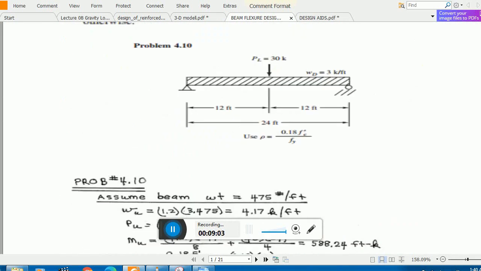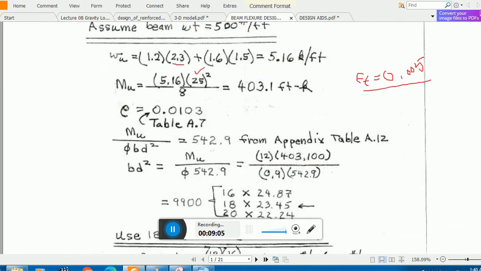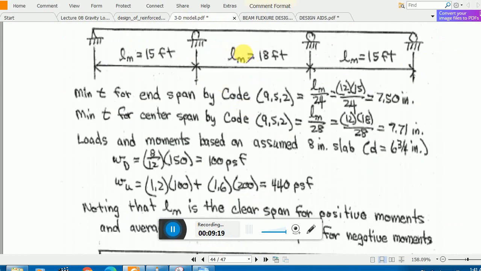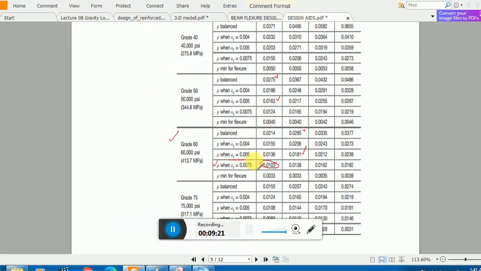Again, yes, this one value is selected. They find out this value against this, which is basically the R value. I discussed it in this example, when I was covering this example. So basically this is actually the R value.